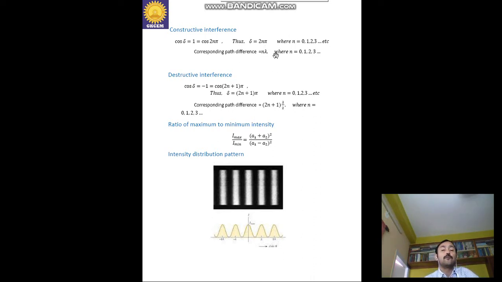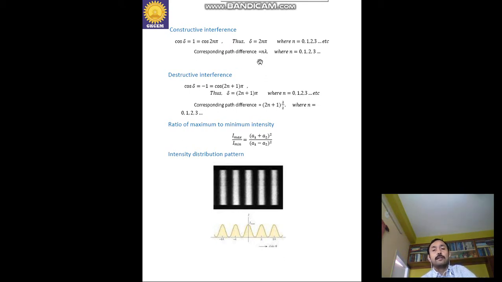So constructive interference, or bright fringes, will be produced when δ = 2nπ, where n is 0, 1, 2, 3 and so on, and the path difference is nλ.